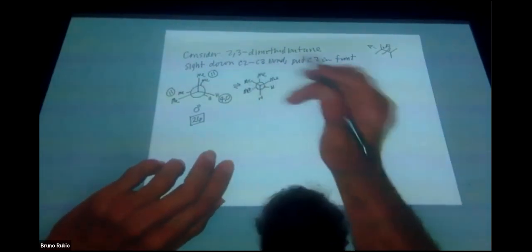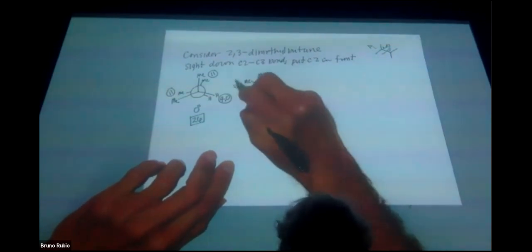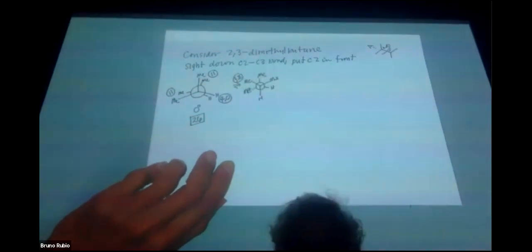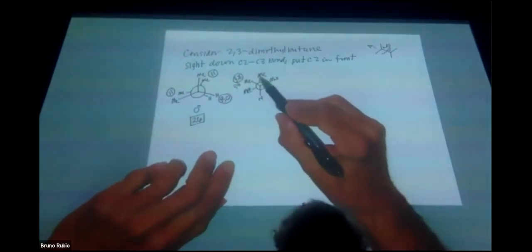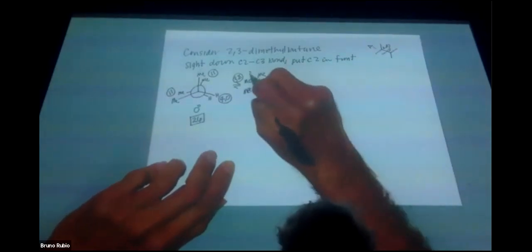So these two methyl groups, they're gauche to each other. That interaction is worth 3.8 kilojoules per mole. These two methyl groups are also gauche to each other. That's worth 3.8 kilojoules per mole.